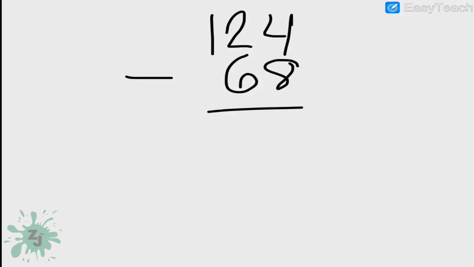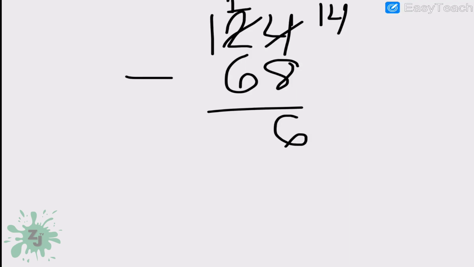In the perspective of 4, that has a value of 10. Therefore, it is 14 minus 8 is equal to 6. Next, we borrowed 1 from it, therefore this has a value of 1. So 1 minus 6, that is impossible.